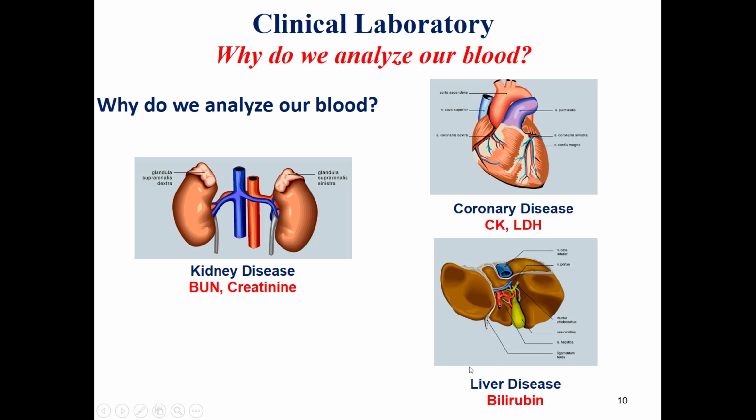In the case of liver diseases, we measure bilirubin. We have different types of bilirubin, direct and indirect, and so on. So the chemistry of the blood helps us to study the functionality, pathology, or condition of a certain organ or tissue.